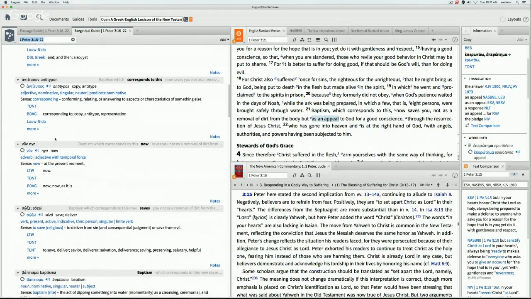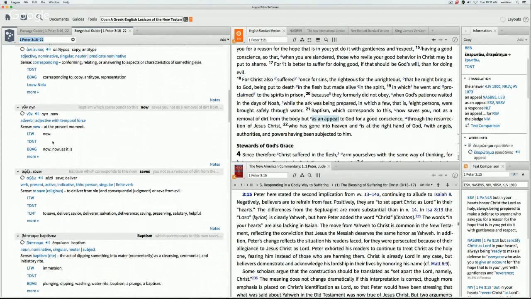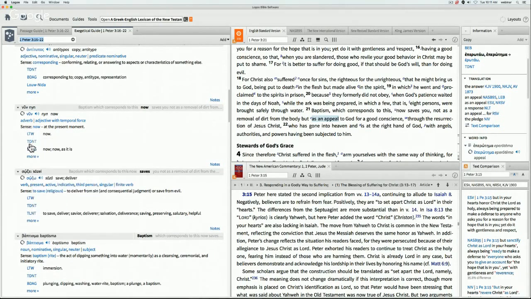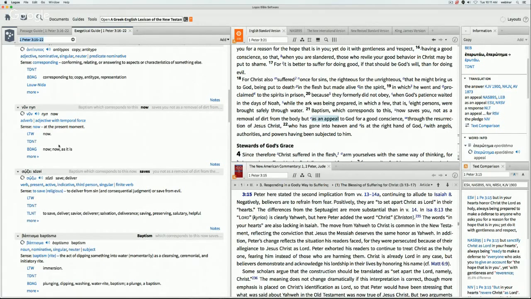And notice that some of these words have more entries than others. I have, for example here, the Lexham Theological Word Book and the Theological Dictionary of the New Testament. If you have any lexicons in your library that have the word theological in the title, a theological lexicon or theological dictionary, that is an indication of a certain type of lexicon that focuses on the theological significance of a word.